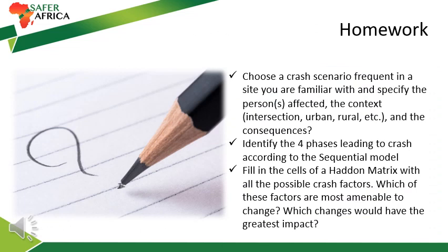This homework assignment is meant to practice with the Haddon matrix to help you approach a road safety problem and identify which factors can be changed and which change would have the greatest impact. Knowing this information helps you to start identifying possible interventions.